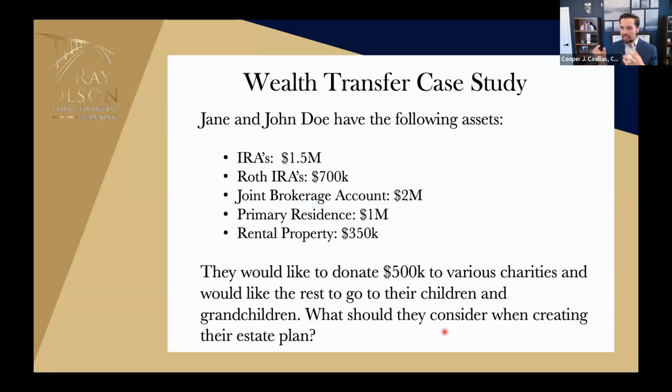What are the things that they need to be thinking about when they're starting to establish their estate plan? Well, first and foremost, the easy pickings is that we want to make sure this $500,000 is taken from the IRAs. And there are different ways to do this. You can outline in your will or your trust that they carve out 500,000 from the IRAs specifically and donate that to the charity.